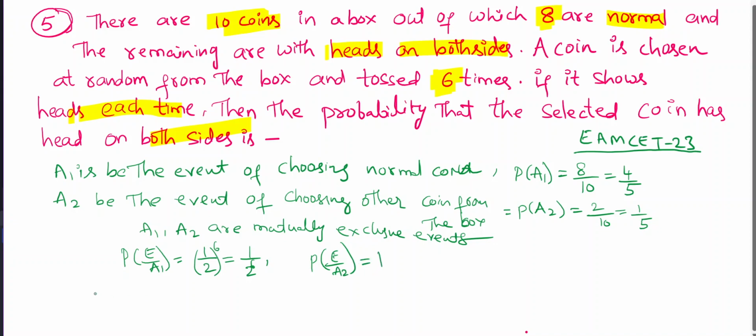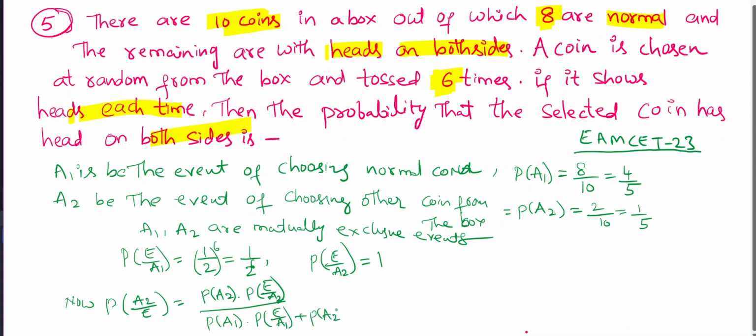Now probability of A2 by E is equal to P of A2 into P of E by A2 by P of A1 into P of E by A1 plus P of A2 into P of E by A2.